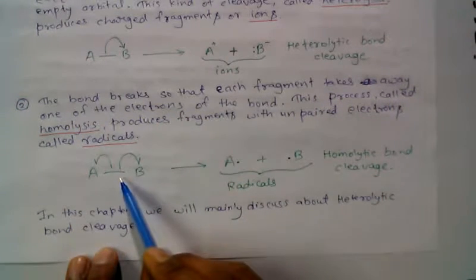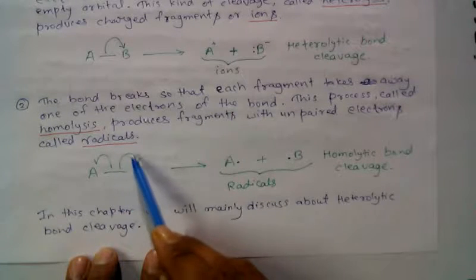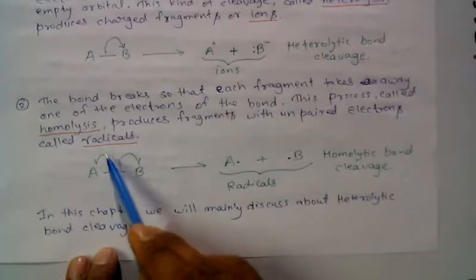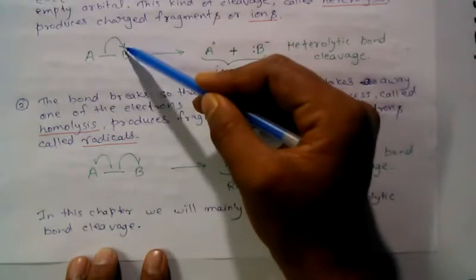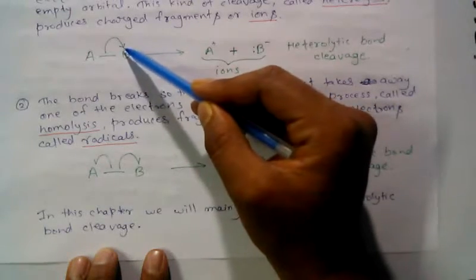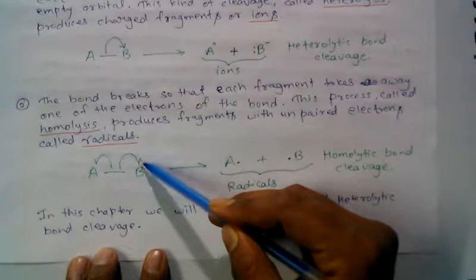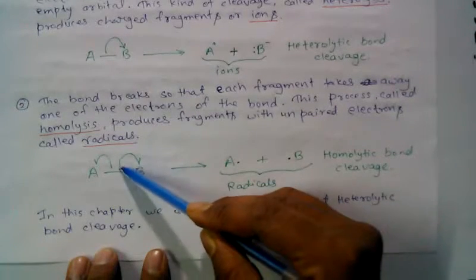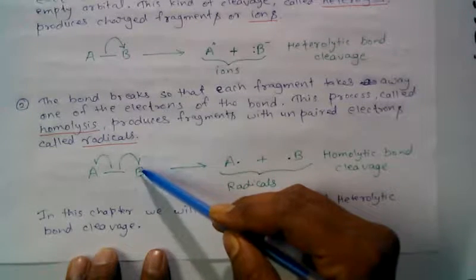As you can see here, this bond breaks and one electron is taken by B and one electron is taken by A. And notice also that the arrow here was just a general arrow, and this is a fish hook arrow, which denotes the movement of only one electron.